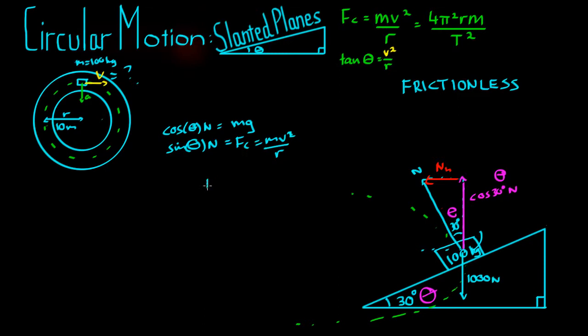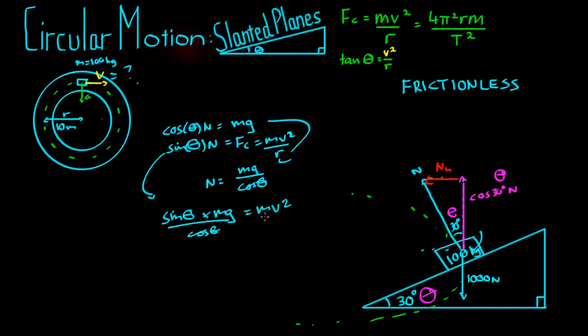So let's get n by itself. N is equal to mg on cos theta from there. So sine theta multiplied by n, which is mg on cos theta, is equal to mv squared on r. Since both sides have the term m, we can divide both sides by m.